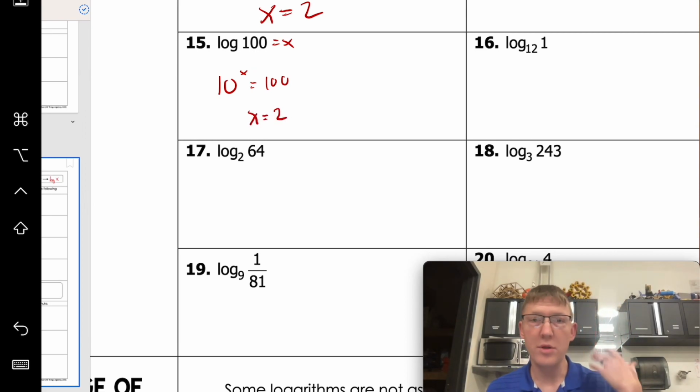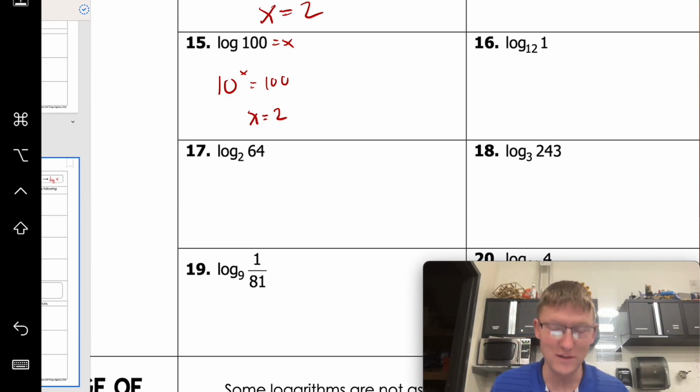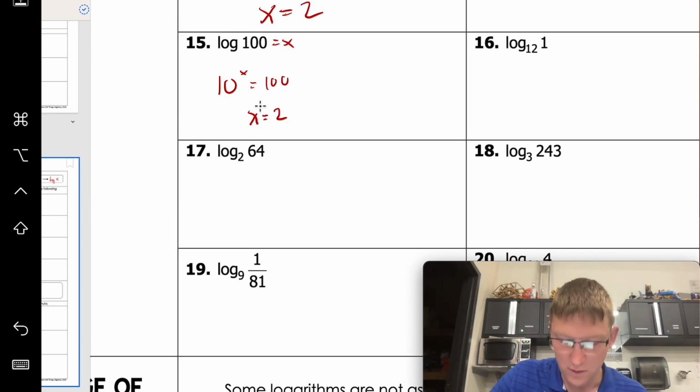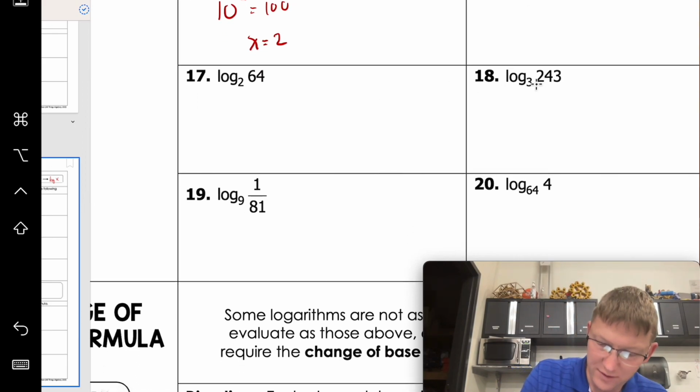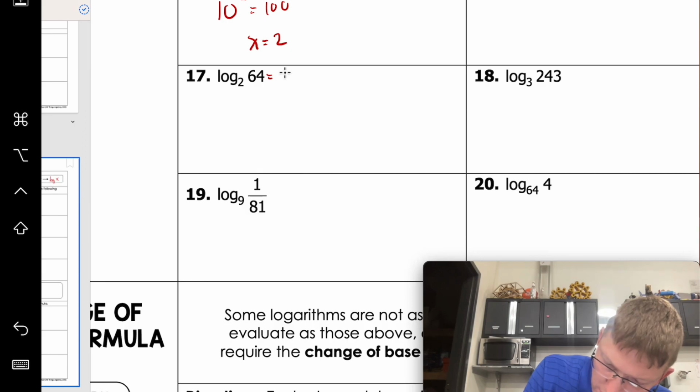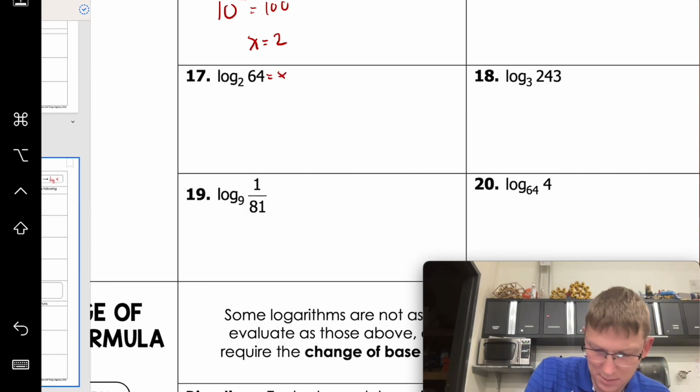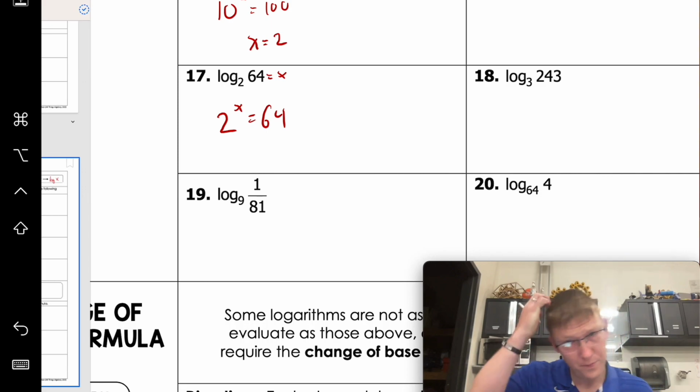If you don't know that off the top of your head, then maybe use your calculator: try x to the first, x to the second, x to the third, and figure it out until you get something that makes sense. So number 17, log base 2 of 64 equals x. 2 is my base, raised to the x power equals 64.